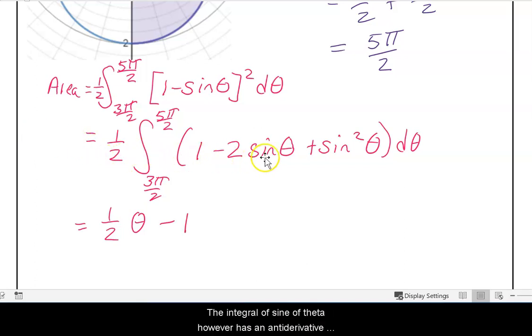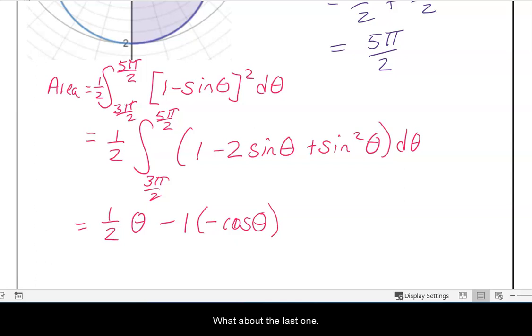The integral of sine of theta, however, has an antiderivative that is negative cosine, since it is the derivative of negative cosine that would give me sine. That then would cancel the negative that I got from the constants. Again, the antiderivative of sine is negative cosine.